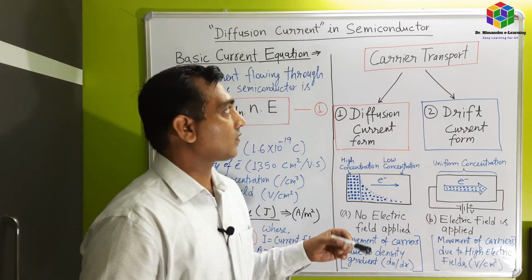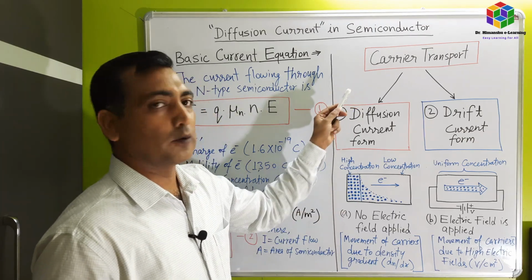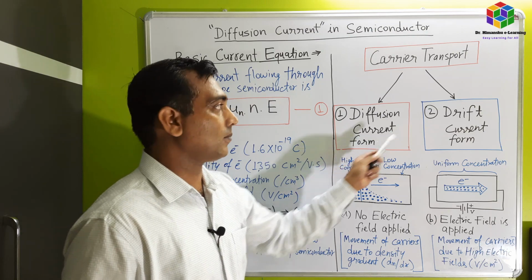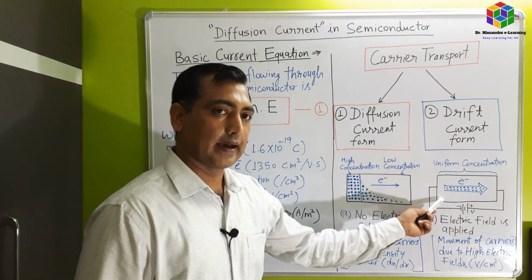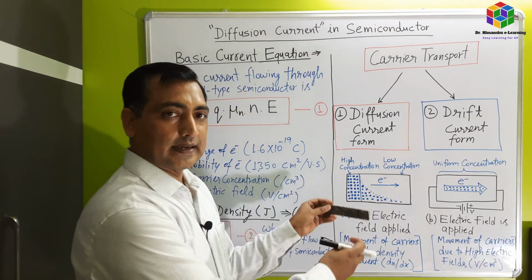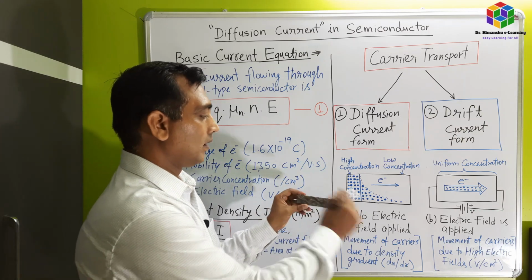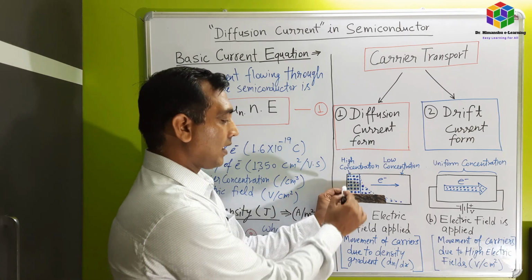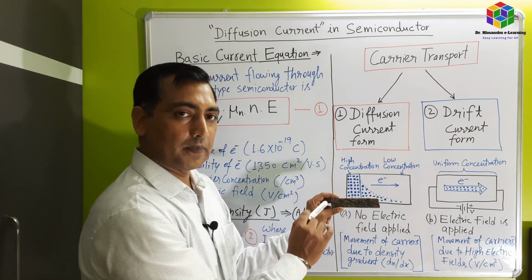Now moving forward, we will discuss carrier transport. Carrier transport is of two types, that is diffusion current form and drift current form. Here the diagram examples are shown. Let us consider this is a silicon rod of n-type semiconductor. Here at this corner the high concentration electrons are lying. Then what will happen?